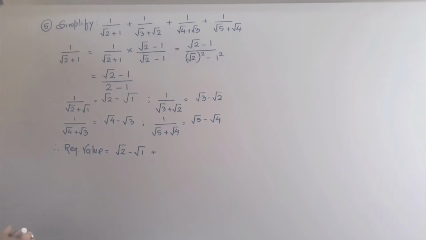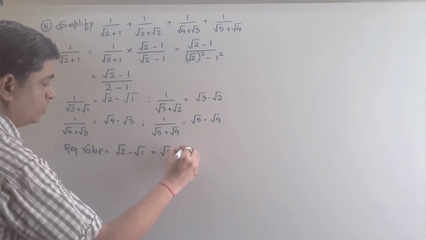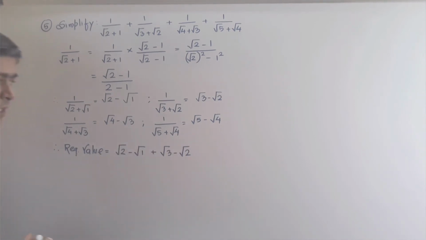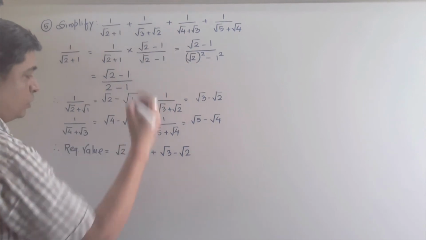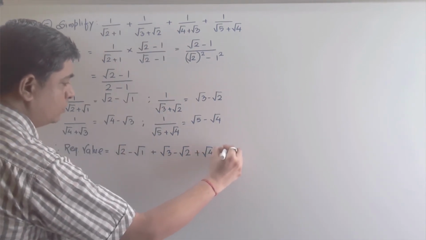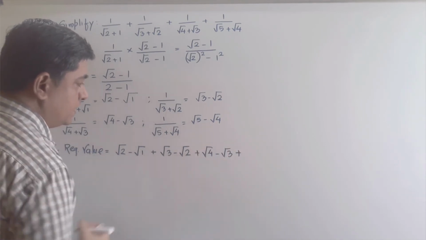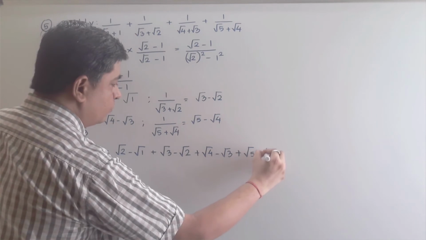Plus, what will be the value of second term? Root 3 minus under root of 2. Right? Then third value, 1 upon root 4 plus root of 3, that will be plus under root of 4 minus under root of 3. And then last one is root of 5 minus under root of 4.